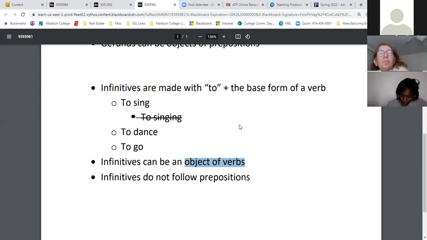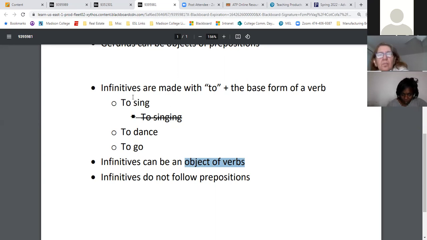So I might say, she hopes to study accounting. She wants to travel. There's my infinitive, to travel. She wants to travel to the Ivory Coast. She likes to cook when she has time.